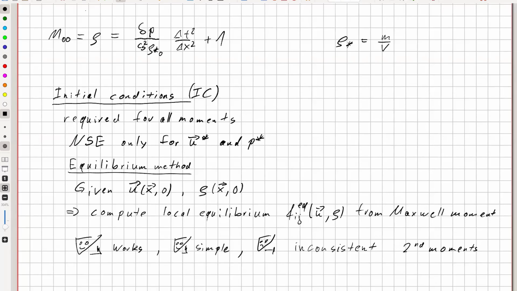It's funny that I say it works and then I say it is inconsistent. It always depends on what your intention is, what you want. Very often you're looking for a final outcome that has nothing to do with your initial conditions. You anyway have to set some initial conditions. Say you want to measure the drag on a car.